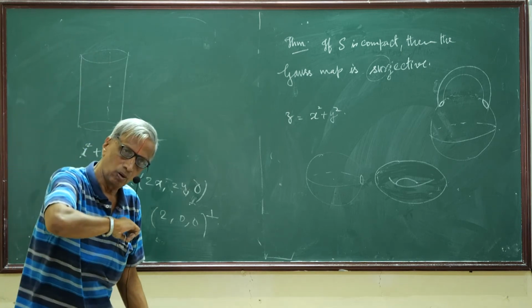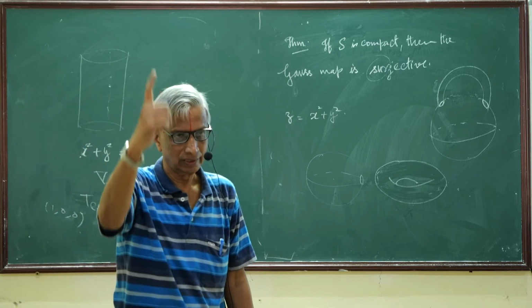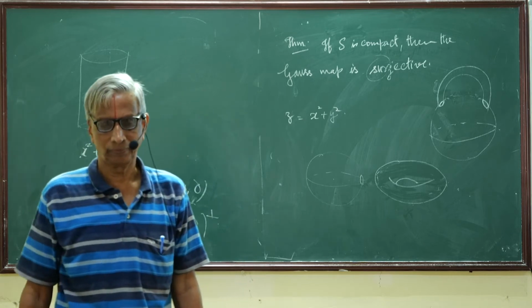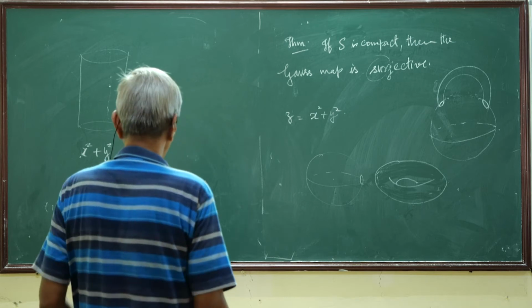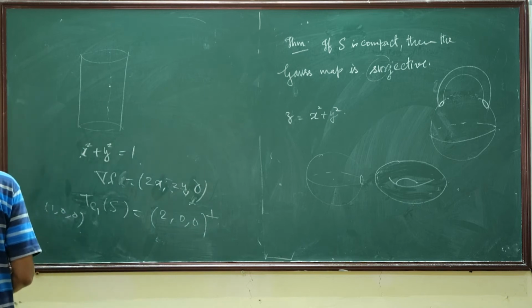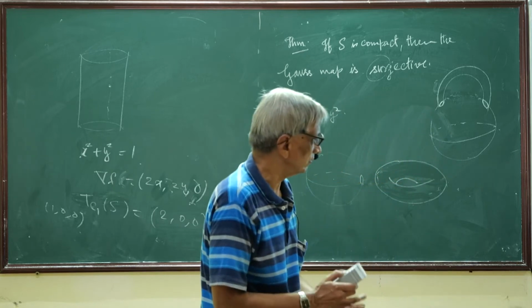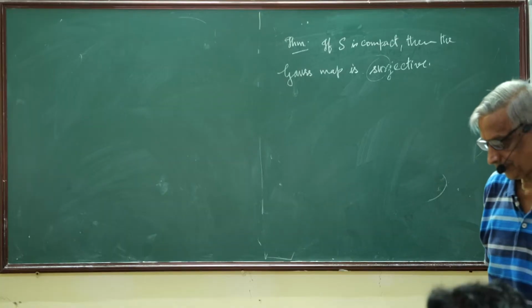So all points along the generating line there, you have the same tangent plane. Okay? So this is something I wanted to mention, I suppose. I think you had a picture for another surface also of this kind, this image of the Gauss map.